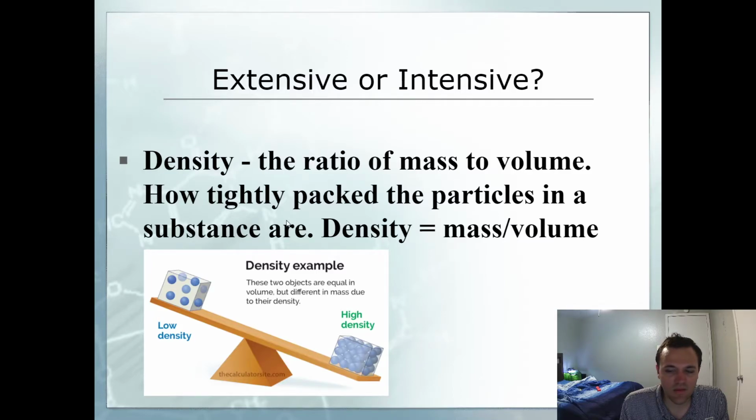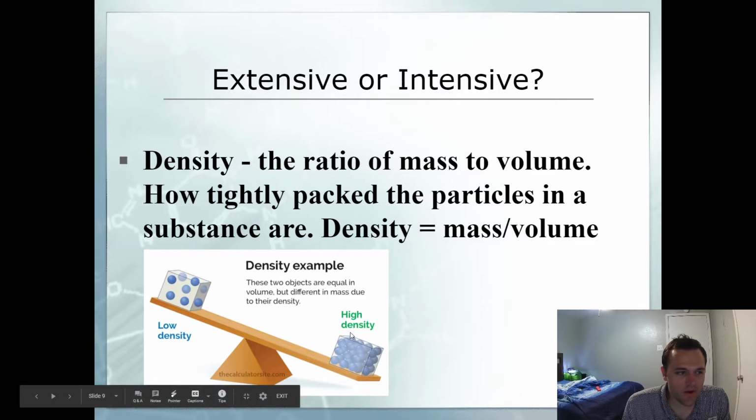Alright, density. This one's a little tricky, so I'm just going to tell you guys this one. Density is the ratio of mass to volume, which means how tightly packed particles in the substance are. If we wanted to find it mathematically, it's always going to be the mass divided by the volume is equal to the density.